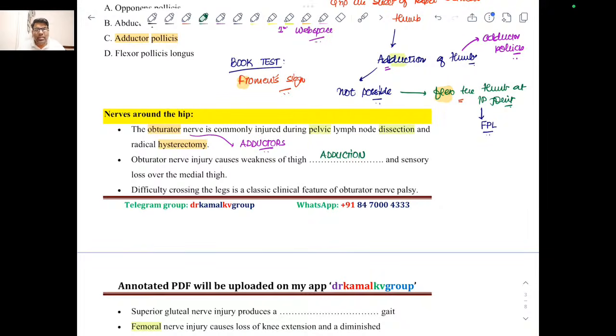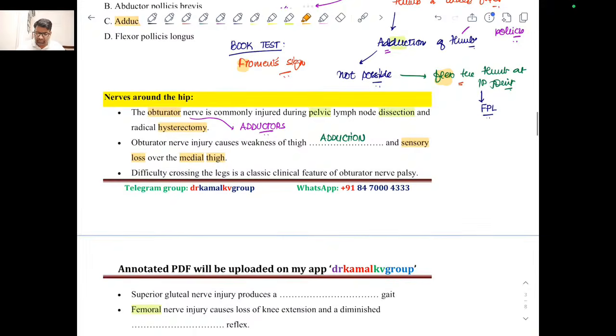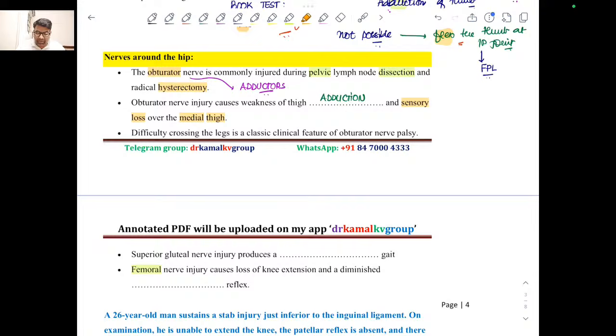Is that clear? And it will also cause sensory loss over the medial thigh. So obturator nerve, sensory innervation along the medial thigh, and the adductors of the thigh, especially the adductor muscles like adductor longus, adductor brevis, and the adductor part of magnus, not the hamstring part.